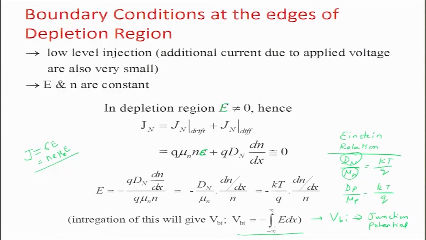In the previous case, you can integrate from minus infinity to plus infinity, because the bands are flat beyond minus Wp and plus Wn, so it does not really matter whether you integrate from minus infinity to plus infinity or minus Wp to plus Wn.